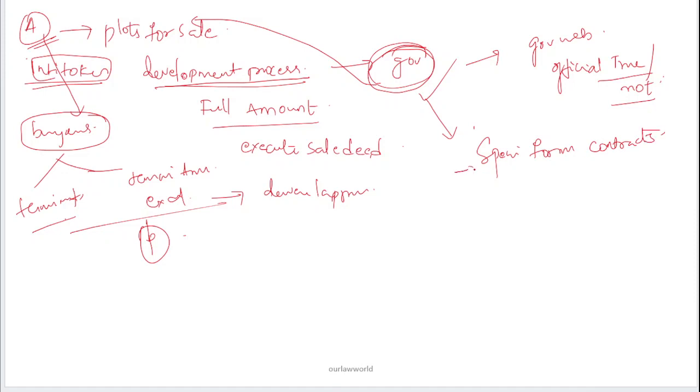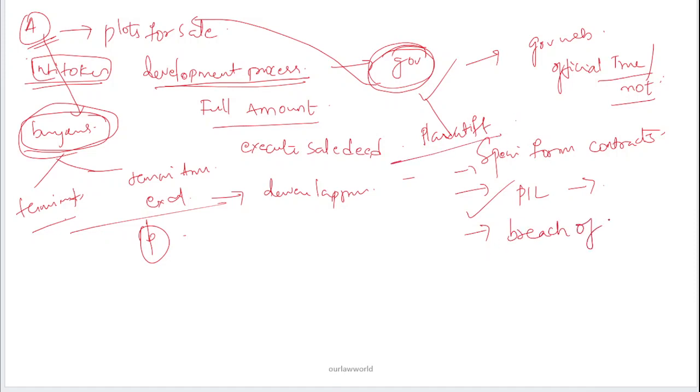But here there is a scope for filing a PIL, public interest litigation, because there are a lot of buyers and this situation has happened over a larger area. So there's a scope to file a PIL, and the plaintiff can also ask for breach of contract, as the defendant company has failed to fulfill its obligation which has been signed in the written agreement.